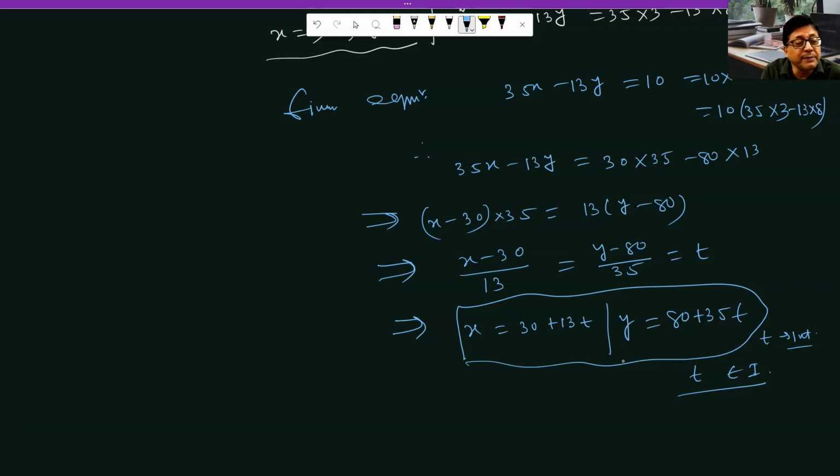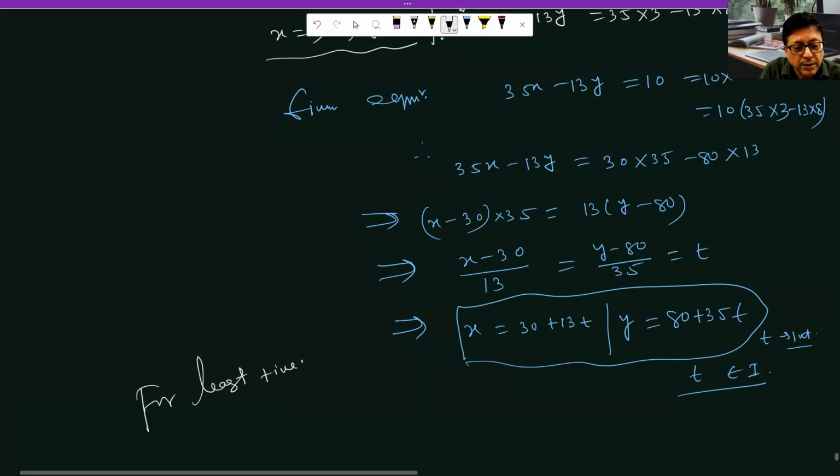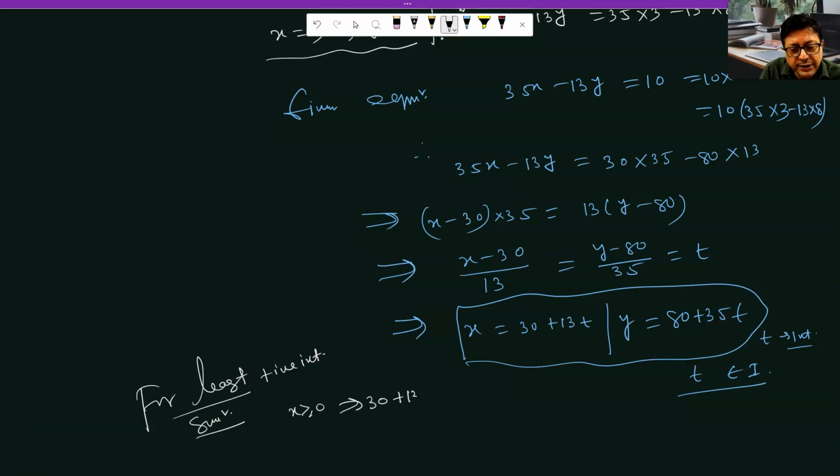Now for the least positive integral solution, what to do? We write x greater than or equal to 0: 30 plus 13t, t greater than or equal to minus 30 by 13.